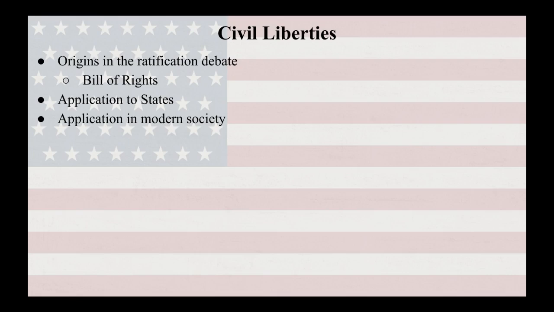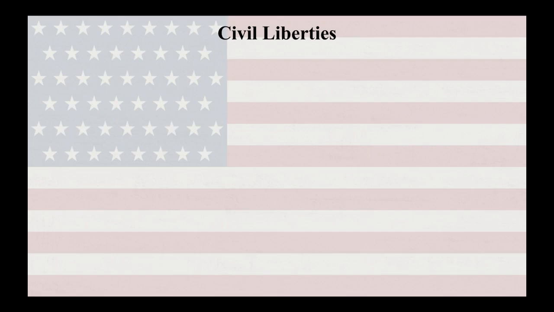So when we look at the Bill of Rights, some of those things are settled. They were settled by Supreme Court cases a long time ago, and that's how they are applied in society. But others aren't yet. And so we're still grappling with some of these civil liberties, these civil rights that people are supposed to be afforded, and how that should look within society and how that should be applied in modern day society. So let's begin by looking at the civil liberties that we have.